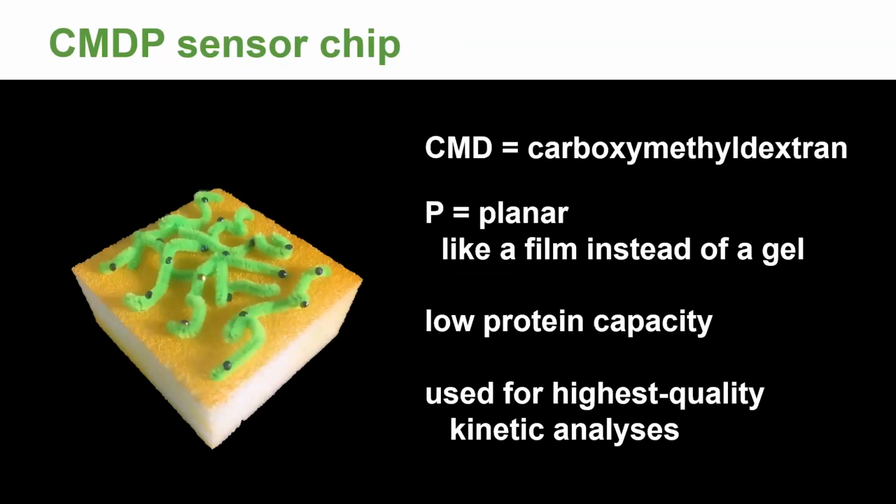It's relatively low protein binding capacity, but it's actually sufficient for a lot of assays. We're starting to use these much more commonly. So if you have a reasonably sized antigen, say 30 kilodaltons or more, you're definitely going to be able to get enough antibody on the surface to get big binding responses and do things like binning and kinetics.